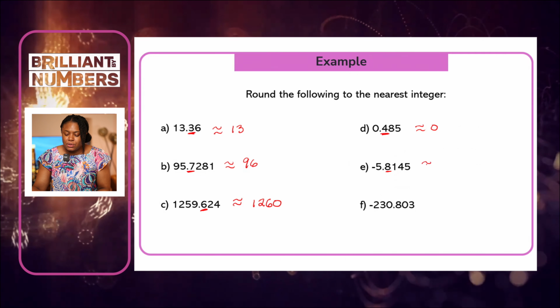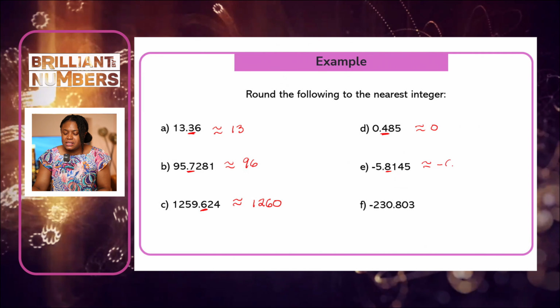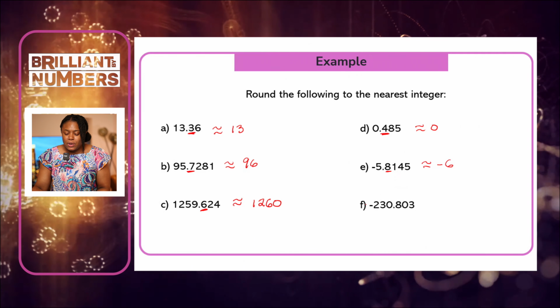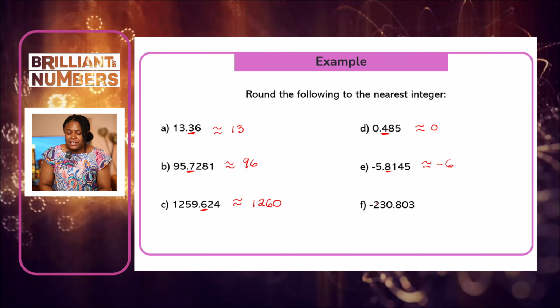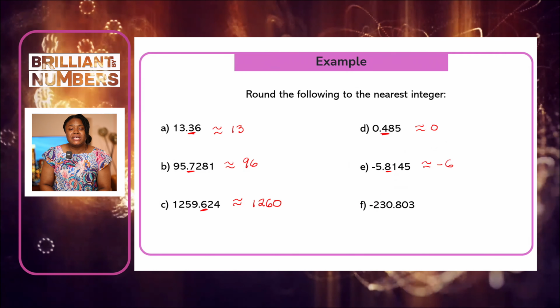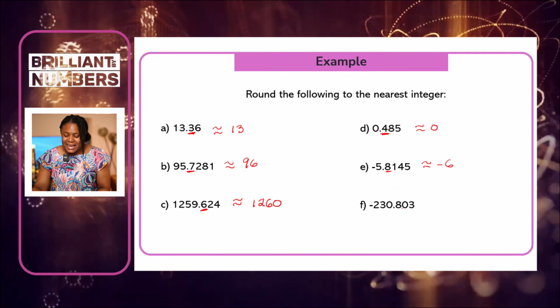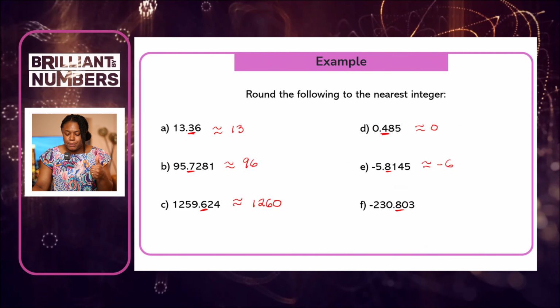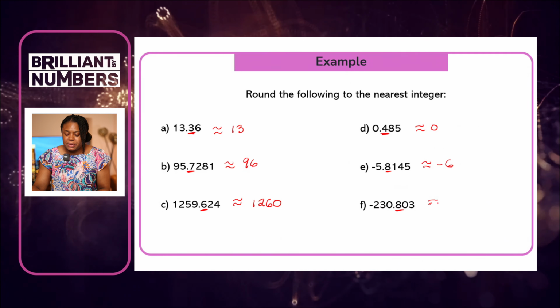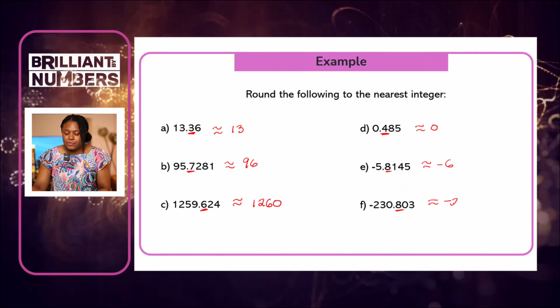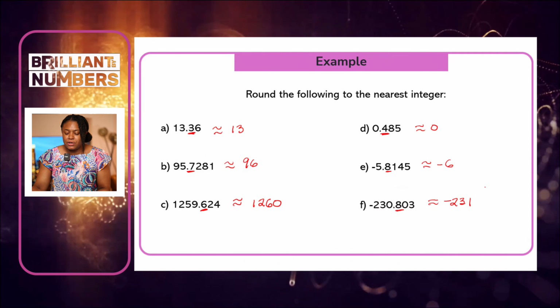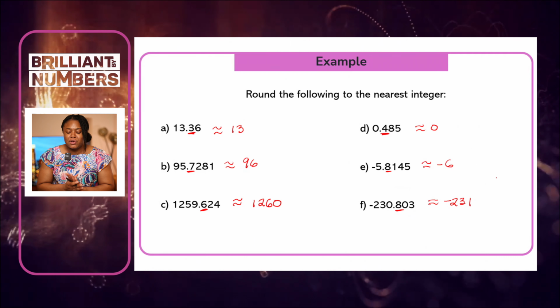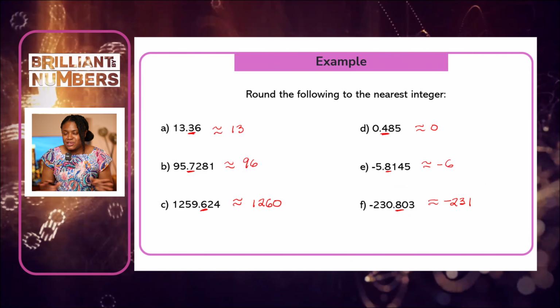So the answer will be -6. Part F, we've got minus 230.803. In the 10th place is 8, again, rounding up. So our answer would be minus 231. No decimal or zeros added at all.